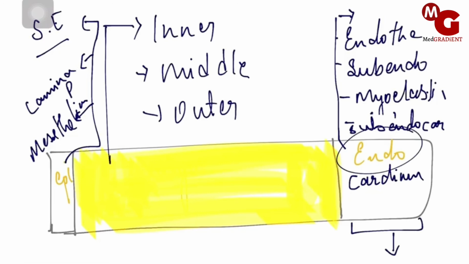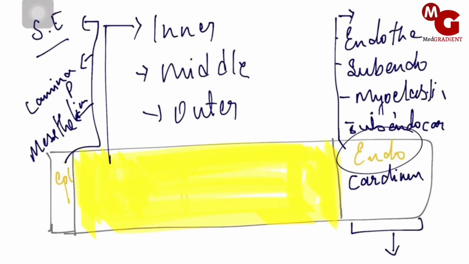The endocardium corresponds to the intima of the vascular wall. What do we mean by vascular? Vascular means the structures that have vessels, maybe arteries or veins. Now, what are the sublayers of the endocardium?